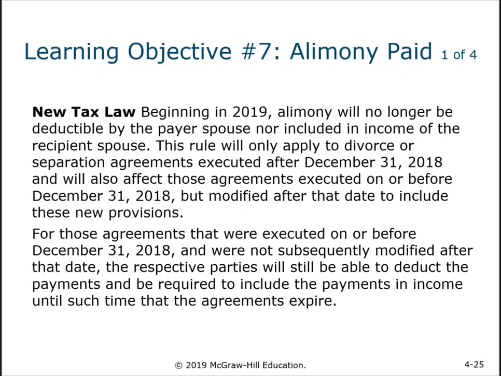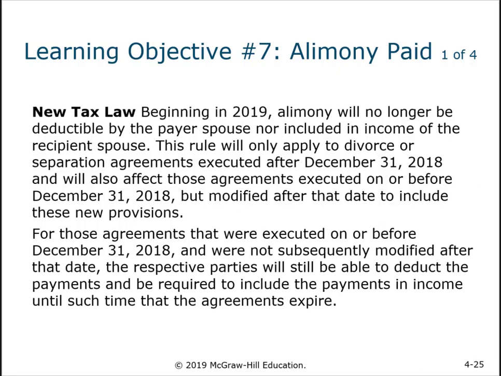Now, a little more common and a lot more involved is the concept of alimony, especially since they changed the law. So starting in 2019, if the divorce is finalized in 2019 or later, that alimony is no longer a deduction for AGI, or anywhere for that matter.